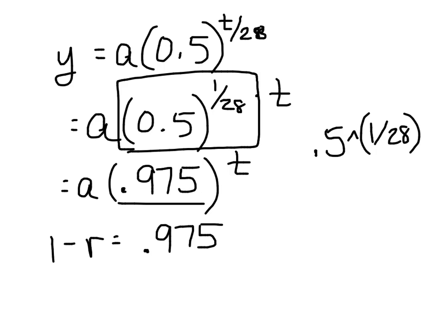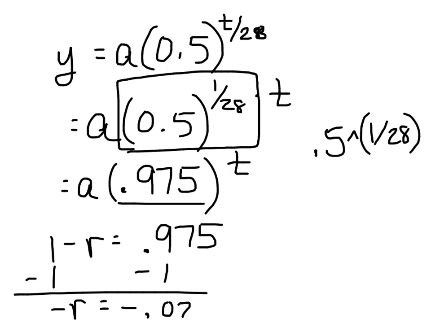How do I get r by itself? Subtract 1. What's 0.975 minus 1? Negative point what? 0.025. 2 negatives should make it a positive, so that's r equals 0.025.